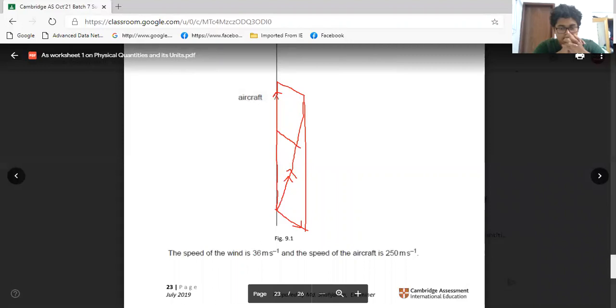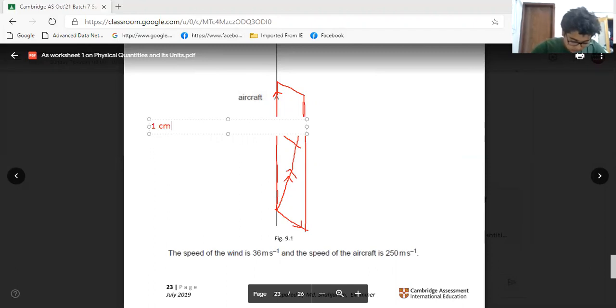Now we will start our work. Here, on the left side, you write the scaling first. 1 centimeter is equal to 18 meter per second.